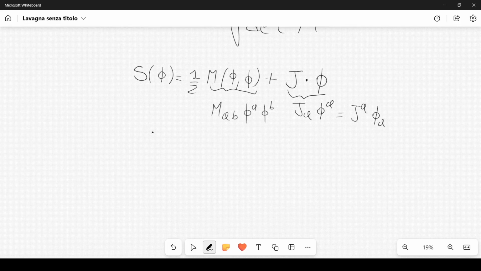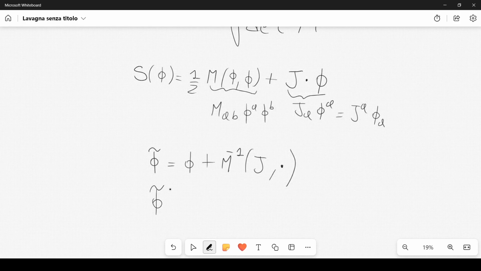action here in terms of another field. In particular, we can define phi tilde to be phi plus M inverse J dot. Now let me tell you what this represents. This basically means, in index notation, phi tilde_A equal to phi_A plus the inverse of M, with two indices A and B, and then here we have J_B.